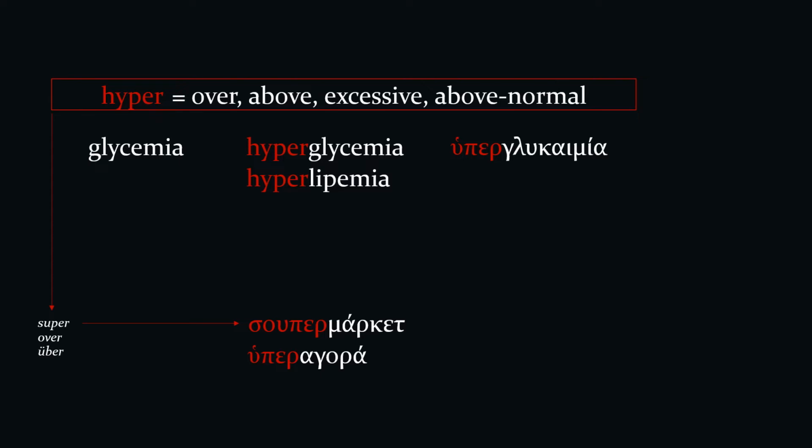But the hyper should tell you something is in excess. Then we have hyperlipemia and hypergalactia. Again, if we don't know what these other parts of the words mean, we can always look them up, or we'll learn them in a later video.